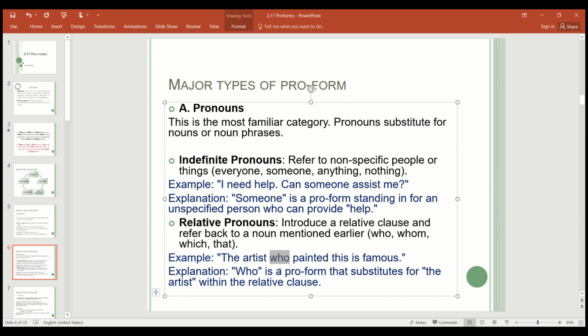So the replacement would be with the artist, but the artist is already mentioned, and the second mentioning would be unaccepted. So in this case, we replace the noun phrase, the artist, with who, to avoid repetition. In this case, we don't avoid only repetition, we also avoid grammatical inaccuracy, because if we mention it two times, it wouldn't be grammatically accepted.